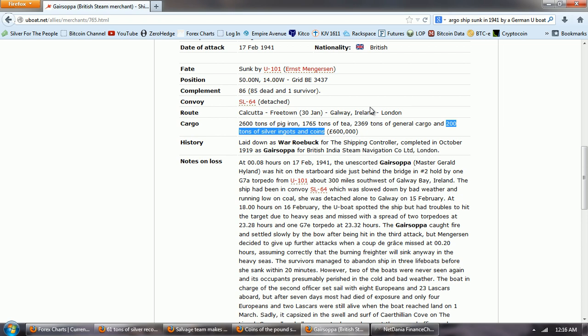600,000 British pounds. Now, the first thing I would say is that they show in the video that they're claiming that they've, I think, twice now had one haul of 60 tons, another haul of 40 tons. So we're talking about 100 tons, and my guess is that's probably most of it.